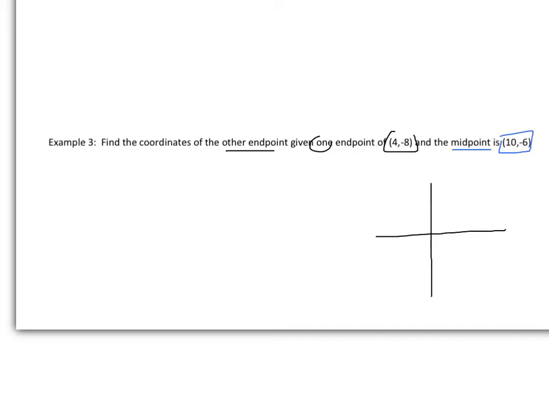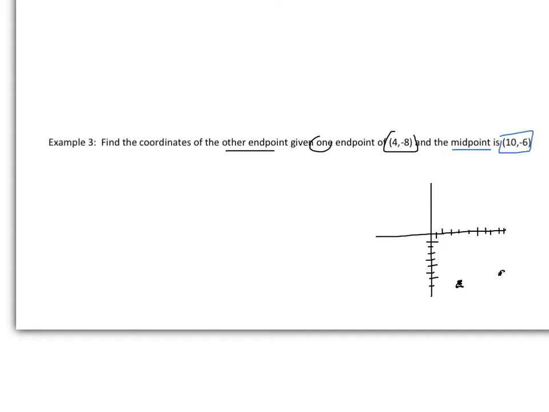if we have (4, -8), that would put us there. That's one coordinate. We have the midpoint at (10, -6), which would be about here.